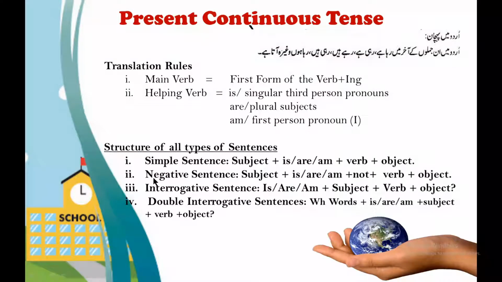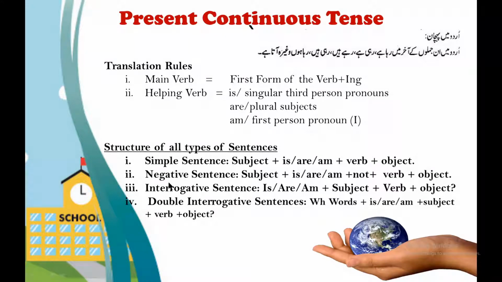If we move forward to a negative sentence, it would remain the same: subject plus is or am, and we have to use not, that is is not, and then plus verb and then object. For example, he is listening to music. It would be a simple sentence. He is not listening to music. So this is a negative sentence.